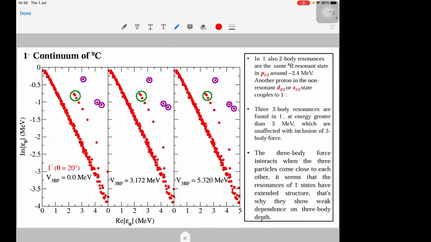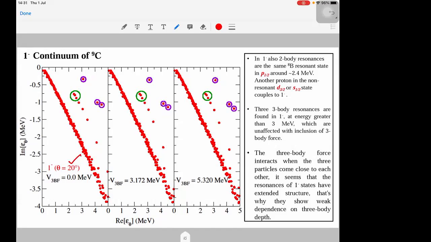Moving ahead, interesting. Now, I would like to see the continuum of 1 negative states in 9 carbon. So here you can see the 3 panels. Again, in all panels, the complex scale angle is 20 degree.